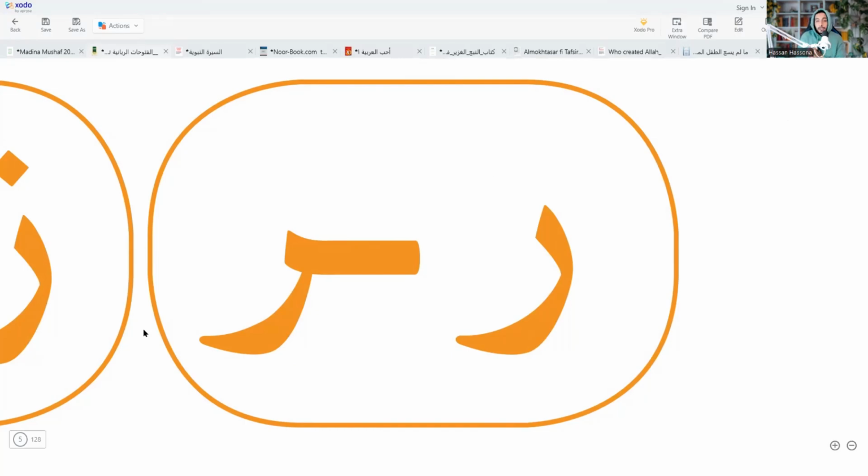Now let's learn the letter Ra. Ra is a very special Arabic letter. It has a soft tap sound, almost like the Spanish R. For now, we will learn it light and easy. First, I would like to inform you it's not the same as the R in English. In English, the tip of the tongue is lifted in the space.